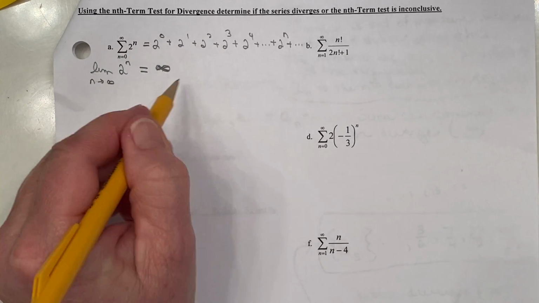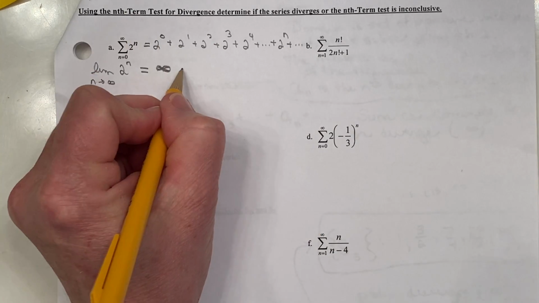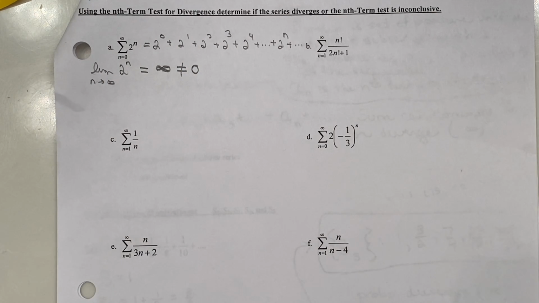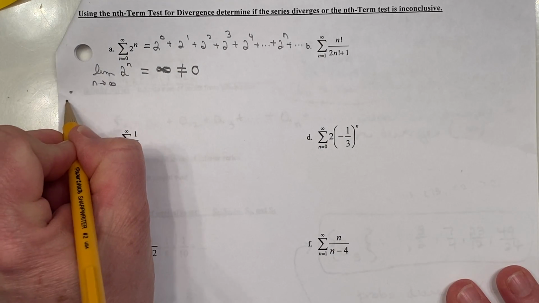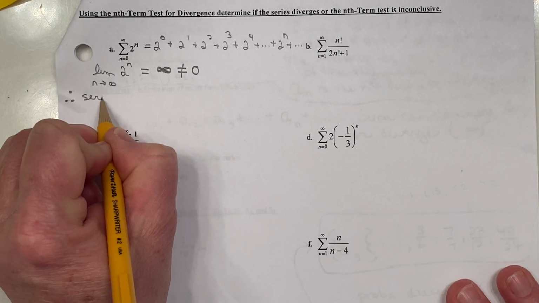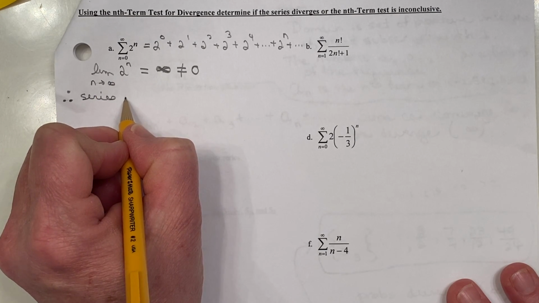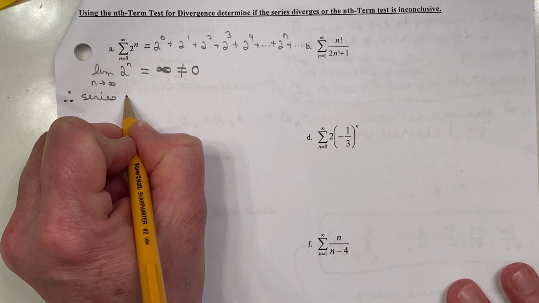So right here, we know that each individual term is getting bigger and bigger. Infinity is not equal to 0. So right here, we know that this series is going to diverge. So I'm going to do a stack of 3 dots. Therefore, I'm going to put down here, this series diverges by the nth term test for divergence.